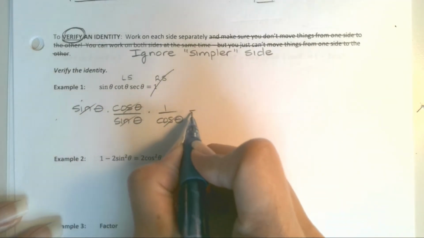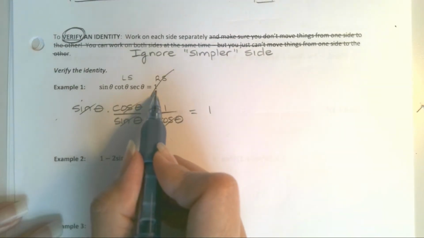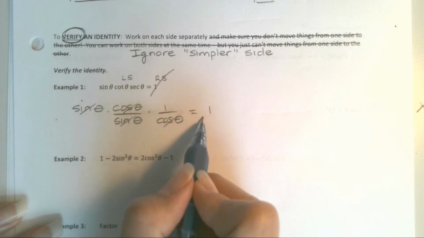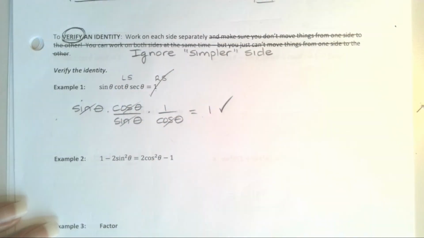Cancels. And we notice that we're left with a 1, which is what we crossed out, right? As soon as you end up with what you crossed out, stop, put a check mark, and that tells me you verified. You're done. Okay? So it's the same thing we've always been doing, except I give you the answer because I'm giving it to you in equation form. Okay?